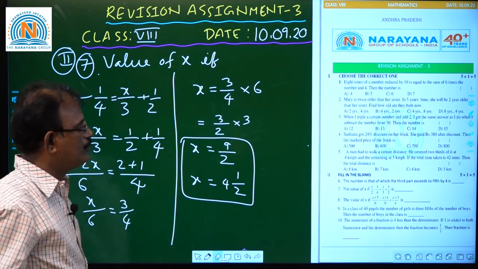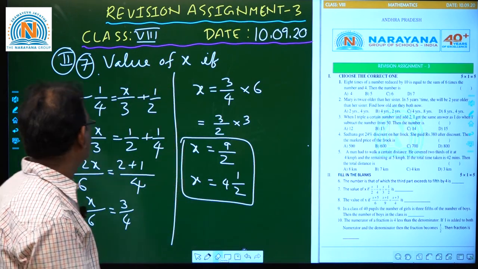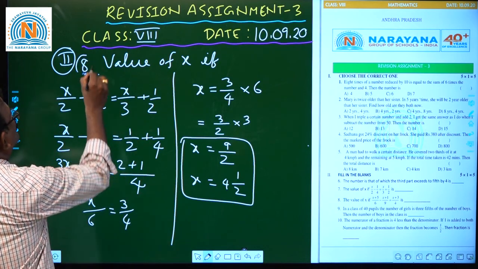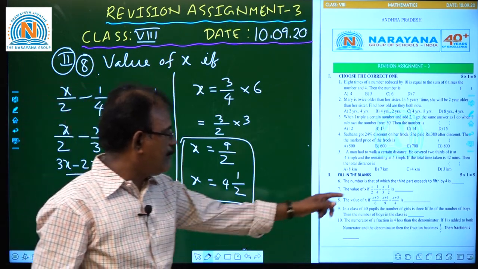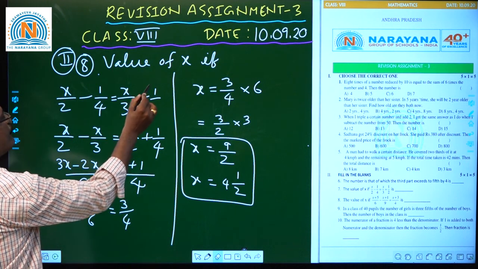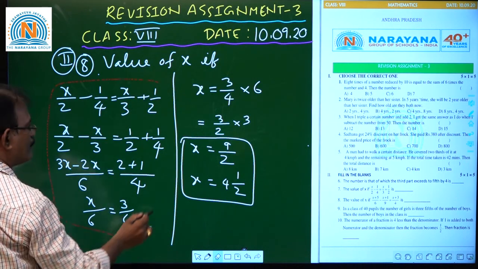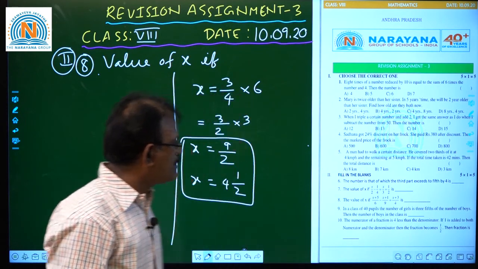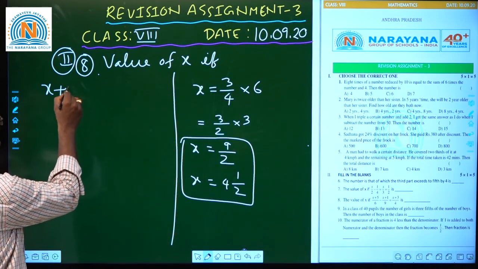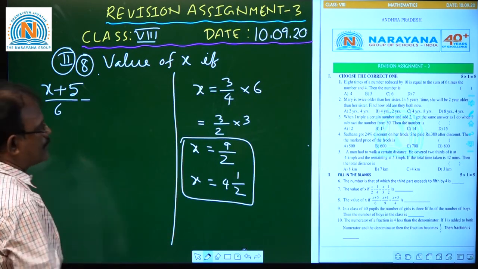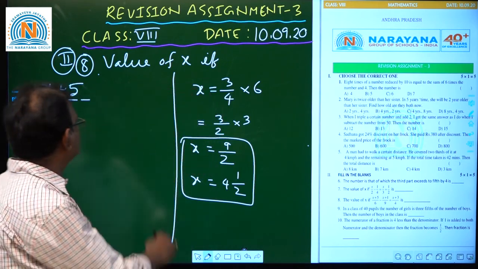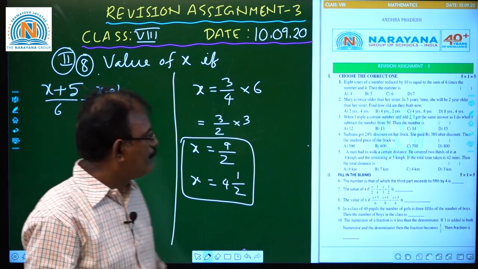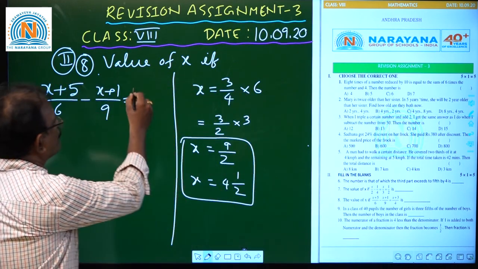And coming back to our next question, the 8th one. The value of x if the equation is (x plus 5) by 6 minus (x plus 1) by 9 is equal to (x plus 3) by 4.